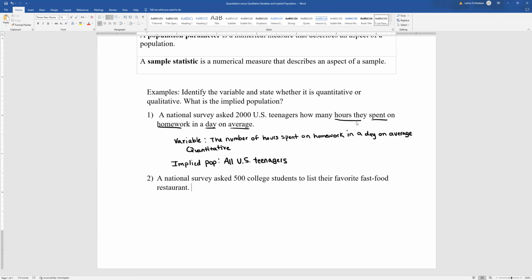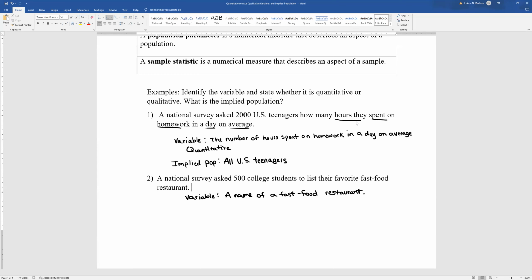Okay, let's look at the second one. A national survey asked 500 college students to list their favorite fast food restaurant. So our variable is going to be the name of a fast food restaurant. That's what we're observing or recording, and that's going to be something that's a name.